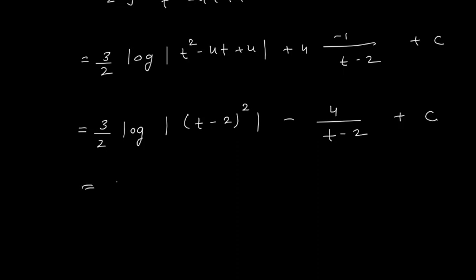We get 3 log of t minus 2 minus 4 upon t minus 2 plus c.